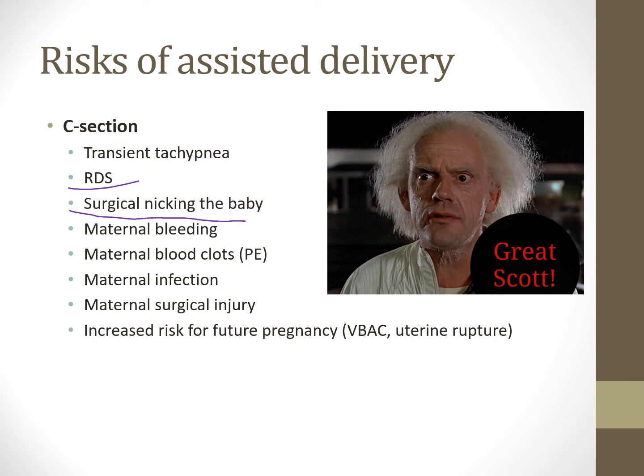So maternal bleeding, of course, still can happen. Maternal blood clots, of course, with any delivery. Maternal infection, surgical injury, especially bladder, things like that. Increased risk for future pregnancy. We already talked about a VBAC and possible uterine rupture with a VBAC. Possible, right? Like I said, statistically it's low, but it's just something you should be aware of.